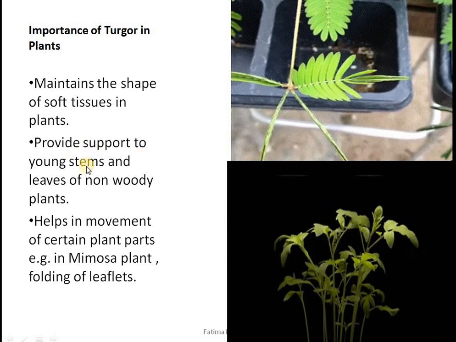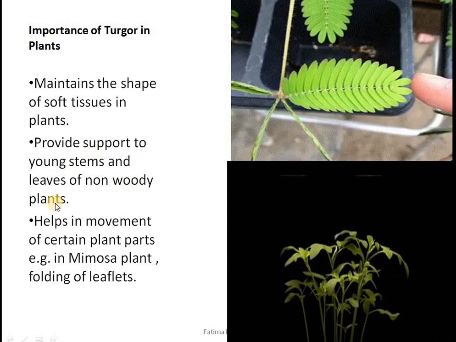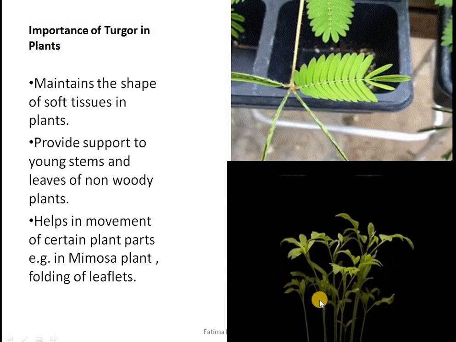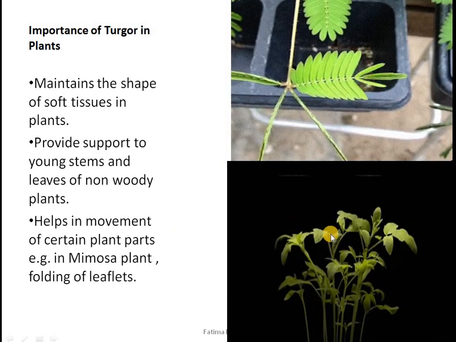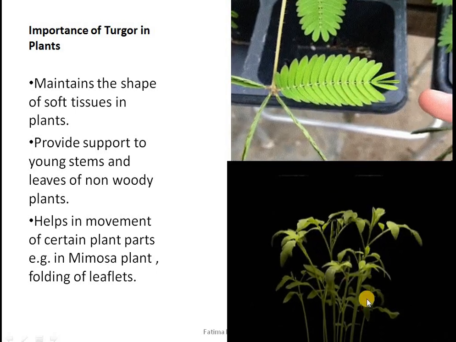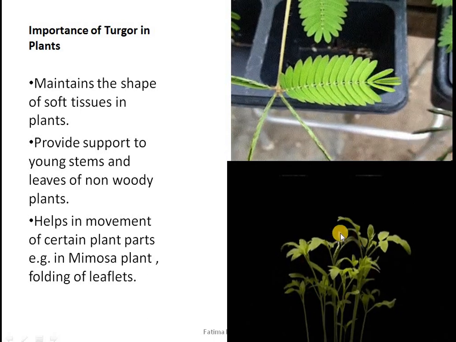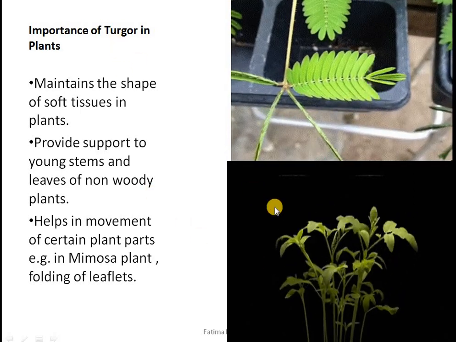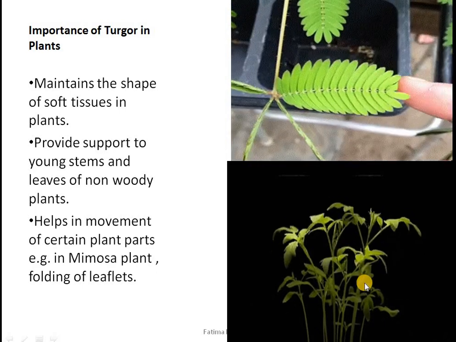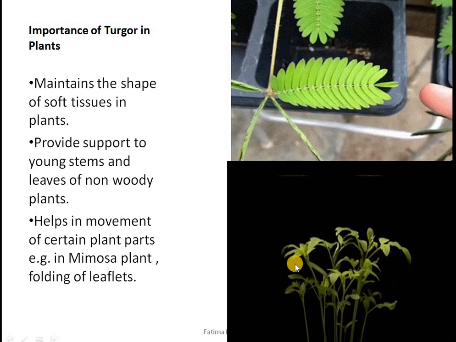Turgor provides support to young stems and leaves of non-woody plants. I have shown you a non-woody plant here. If you see, they have soft stems and shoots. No wood is present for support. In such plants, the support is provided by turgor. These plants are also called herbaceous plants or non-woody plants.